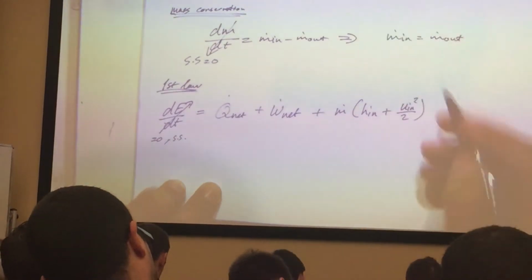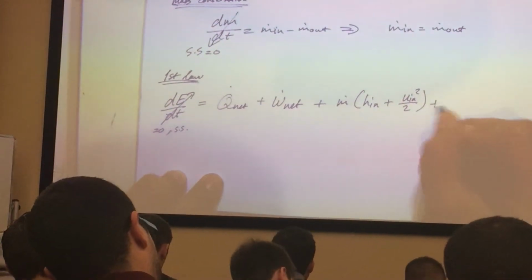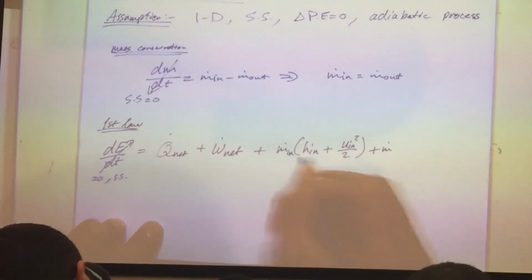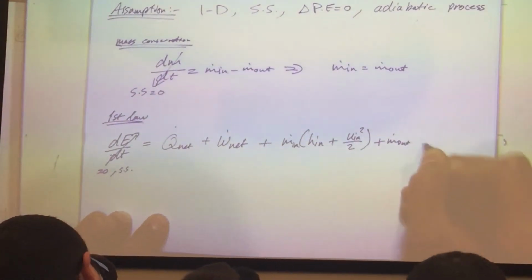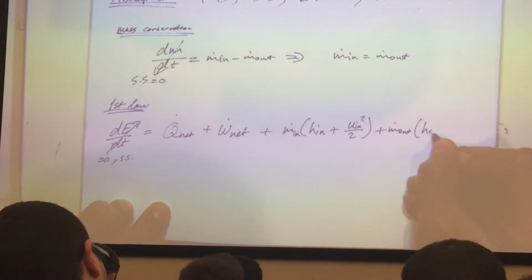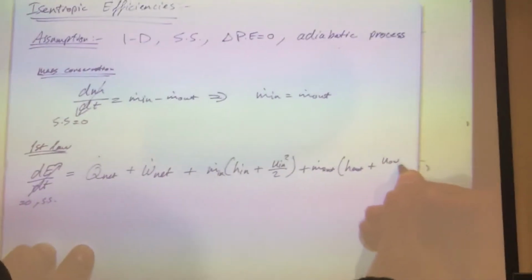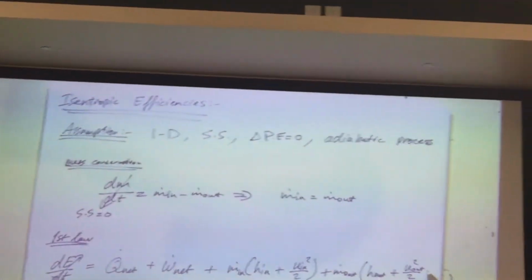I got rid of potential energy because I don't have to worry about it right now. m dot, this is in, out, h out, plus u out squared over 2.